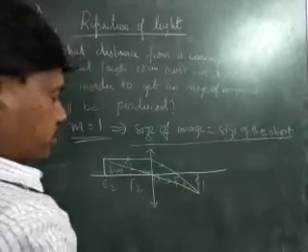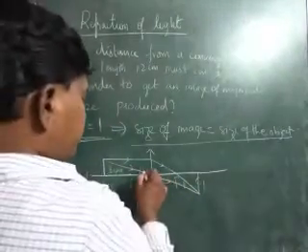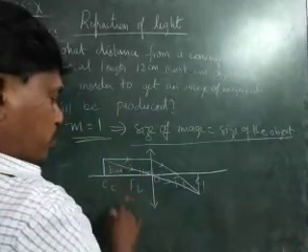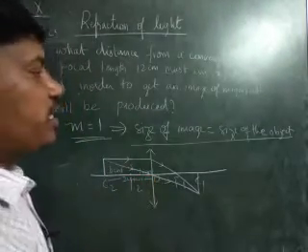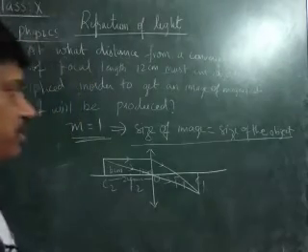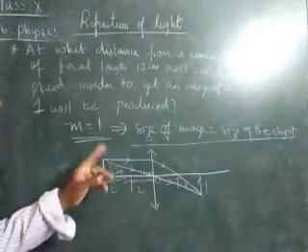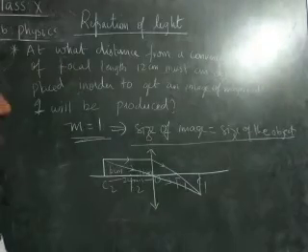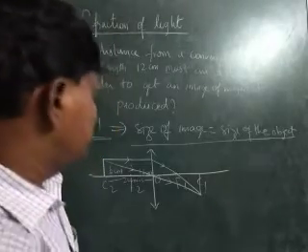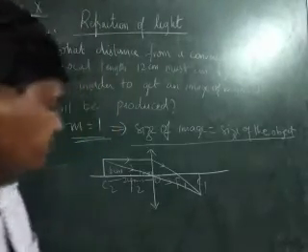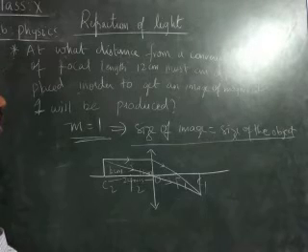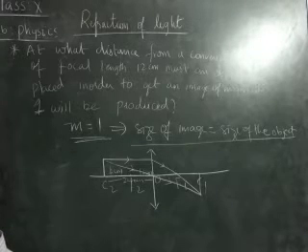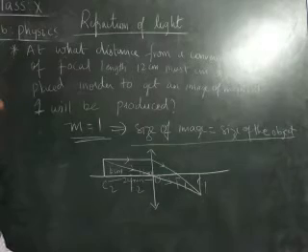Therefore, the object should be placed at 12 plus 12, 24 centimeter. The object should be placed at a distance of 24 centimeter to get the magnification equal to 1, or to get the size of the image equal to the size of the object.